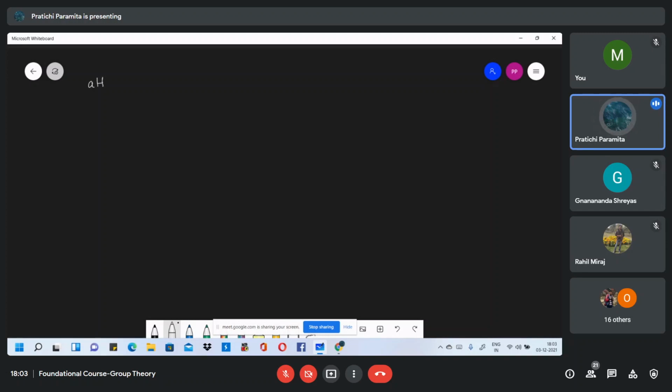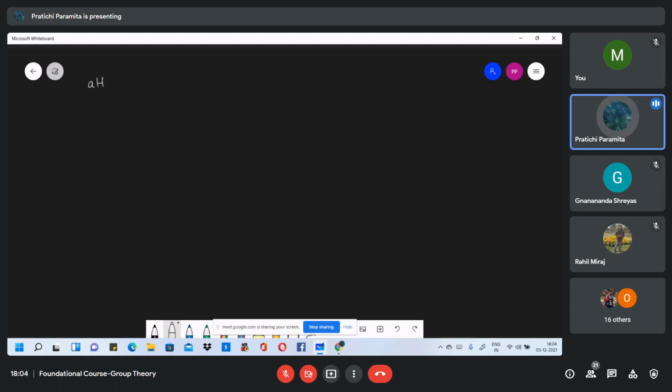Once we prove that it is an equivalence relation, we can say that these equivalence classes are going to partition G. Any two distinct equivalence classes will have no elements in common. So they're going to partition G.